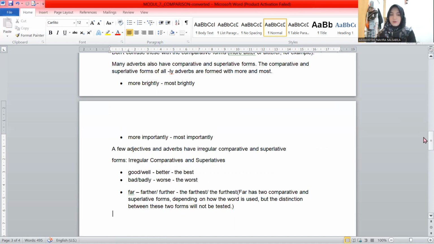Far: farther or further, the farthest or the furthest. Far has two comparative and superlative forms, depending on how the word is used. But the distinction between these two forms will not be tested.